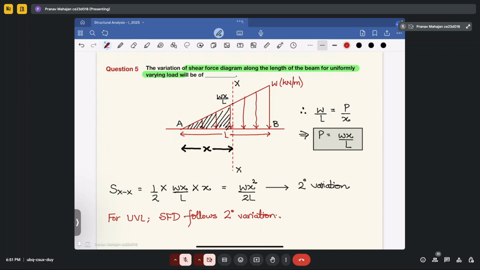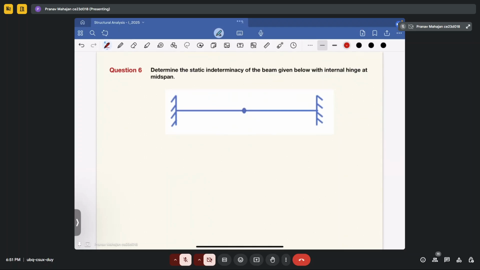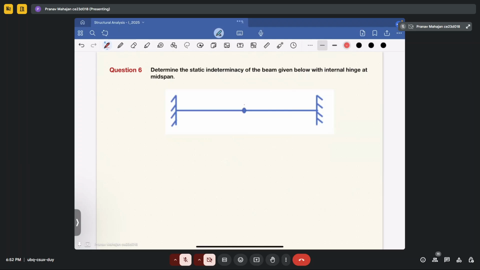Fine. Now let's move to another question. So your another question is, you have to determine the degree of static indeterminacy of the beam given below with internal hinge. Okay. Now you know the property of internal hinge. So in internal hinge, suppose this is your internal hinge C. In this case, internal hinge has no shear and zero bending moment.